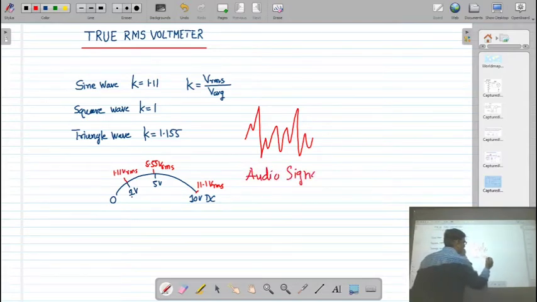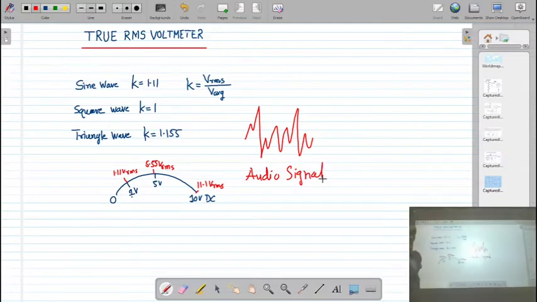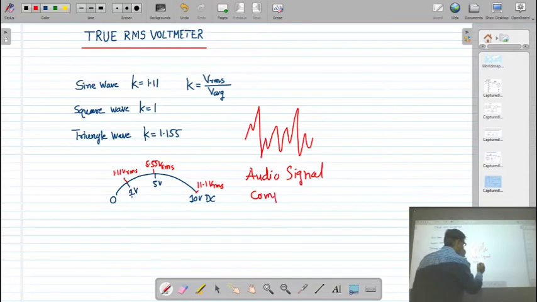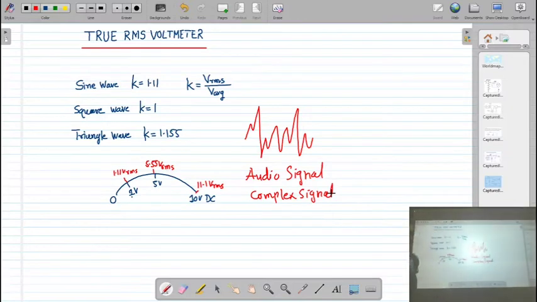Now, here you can say that it is a complex signal. Why is it a complex signal? Because a number of frequencies are present with different amplitudes. So here we cannot calculate the RMS value.